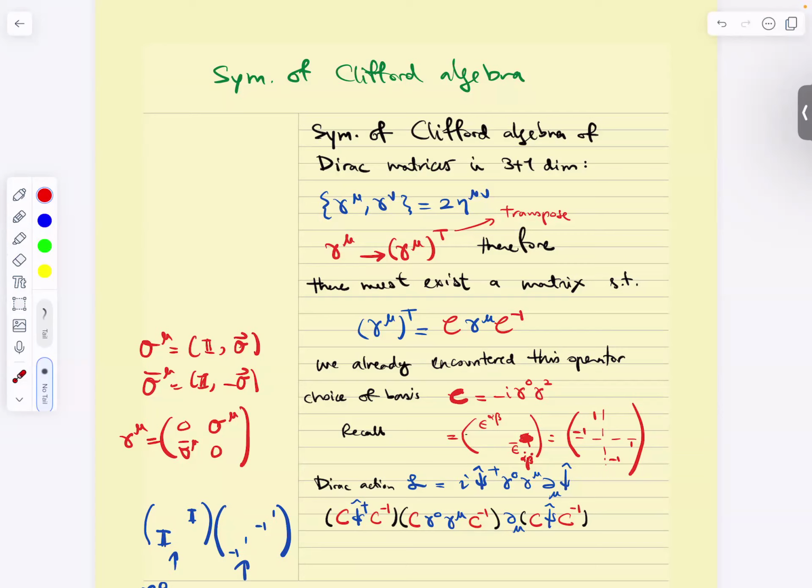This means our charge symmetry is some matrix C that when you sandwich gamma mu with it, it gives you back the transpose. Transposing the gamma matrix tells us explicitly this gives you charge conjugation.